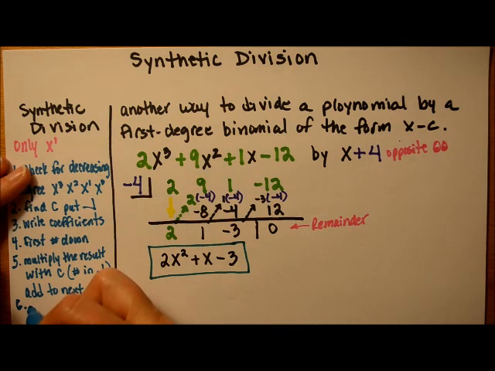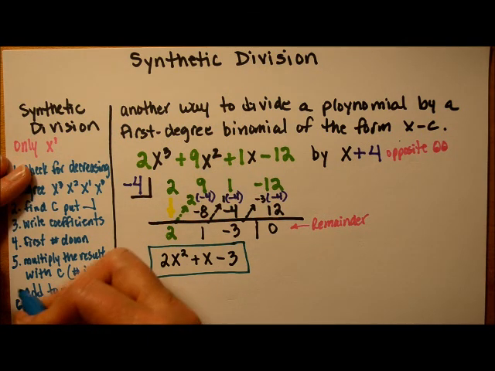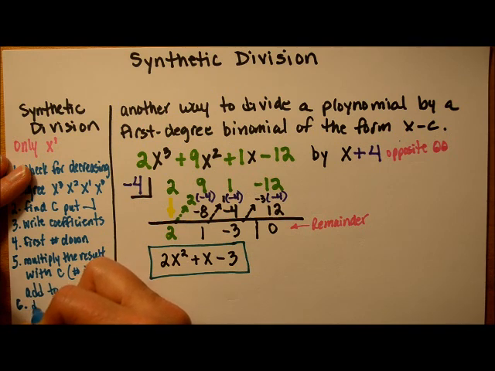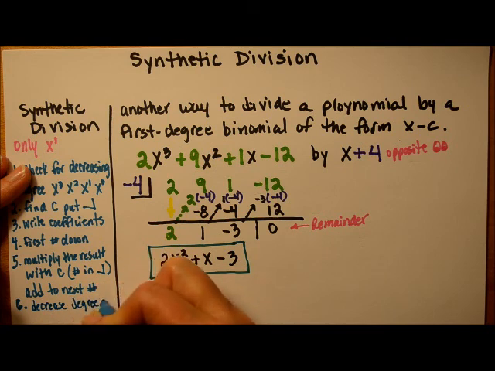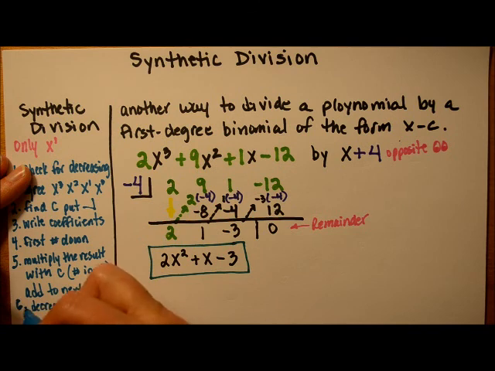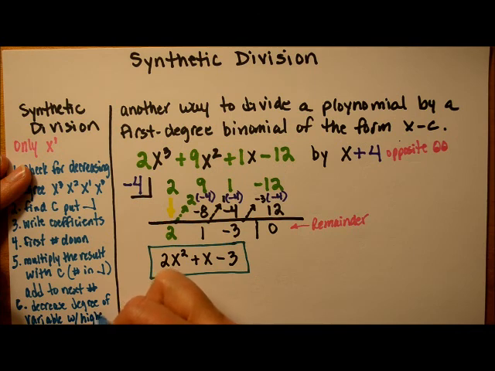That last step was to decrease the degree of the variable with the highest degree, and then put it with the new numbers.